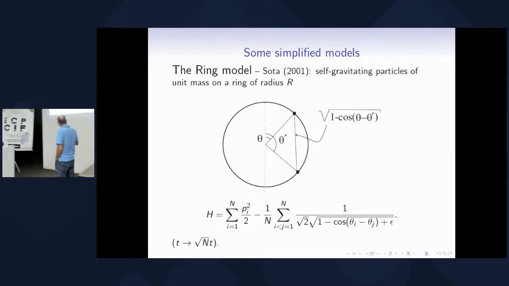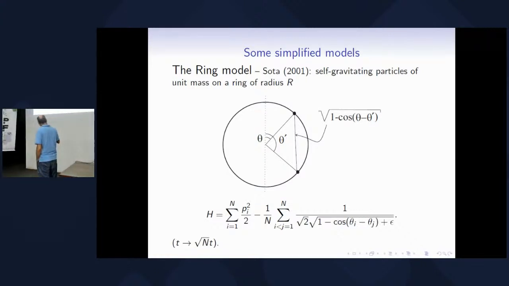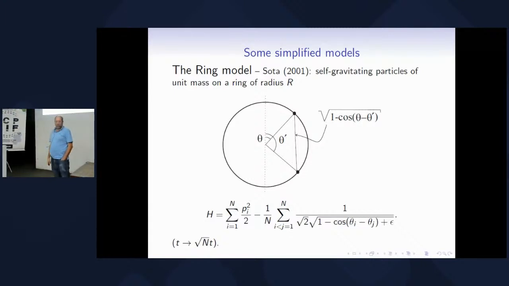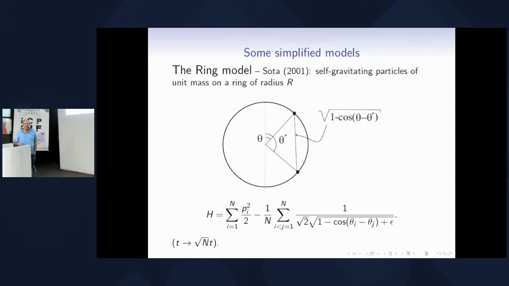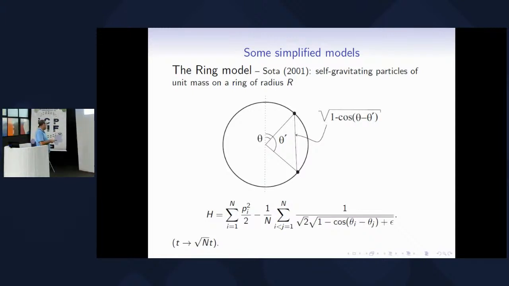So if we put this 1 over n factor here, this potential energy term scales with n. That makes the energy non-additive, but it is extensive, which can help us a lot here. And well, it's just a change of time units, provided you don't go to the thermodynamic limit and make n infinity. Okay.